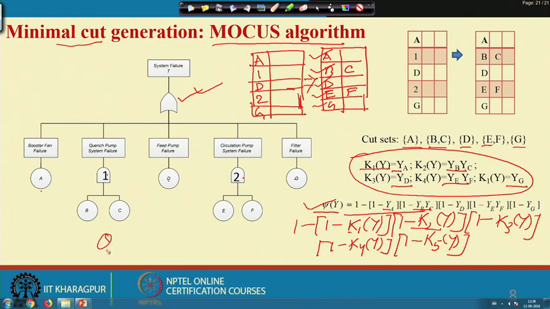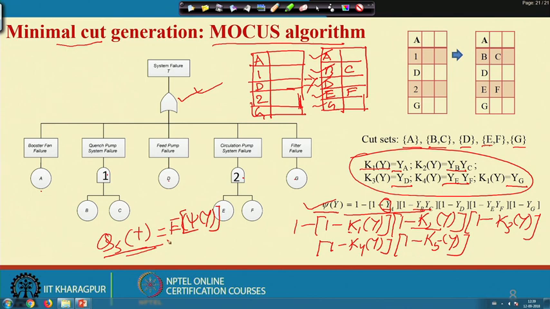When you calculate unavailability, you just have to take the expected value of the structure function, and you know all the probabilities, that is nothing but the expected value of the indicator variable related to that basic event. So all the probabilities you can calculate and you can get the unavailability.